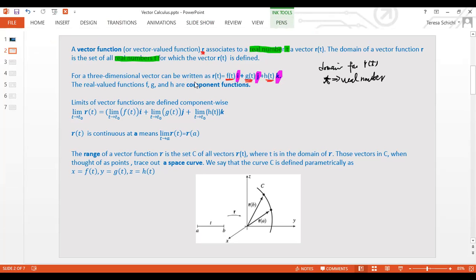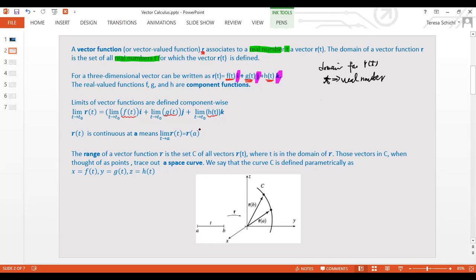Like in Calculus 1, when you talk about the function f of x or f of x, y, the same things hold true. If you want to find the limits for the vector functions, it will just be the same thing. When the limit as t approaches t0, you just take the limit of each component function, and then you will find the limit for the vector function.